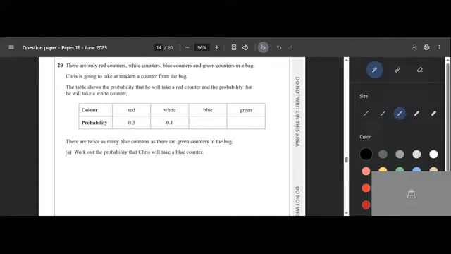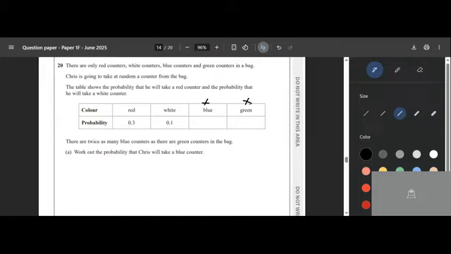So the table shows the probability that red will be taken, and the probability that a white counter will be taken. So the main question here is, we have got blue and green not filled. So it is up to us to find the answer for these two.